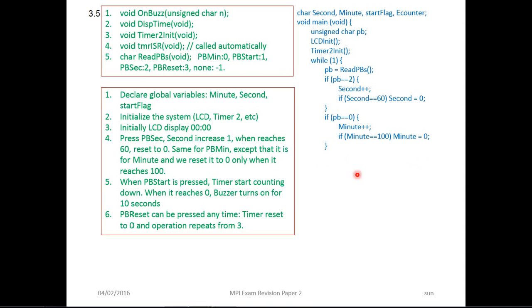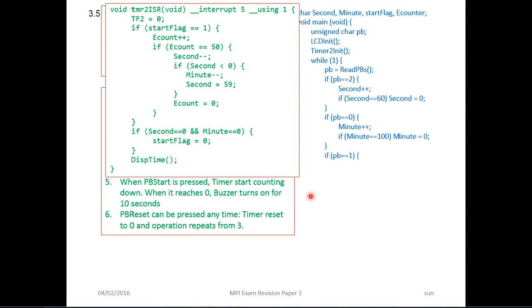Next, we check for PB start. That's when the return value is 1. If PB start is pressed, we want the kitchen timer to start counting down. Referring back to question 3.4, this is when start flag is 1.